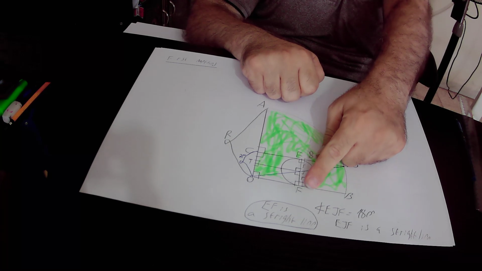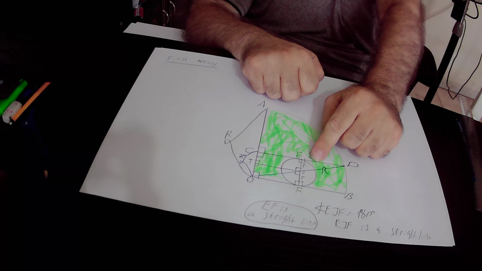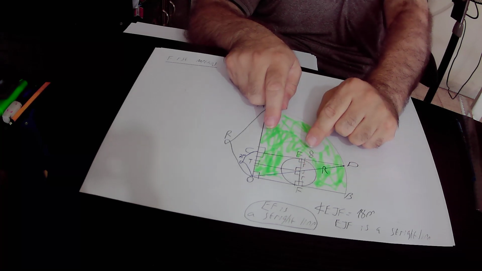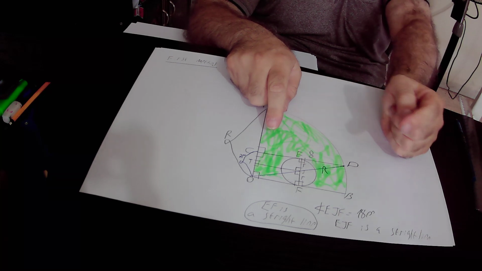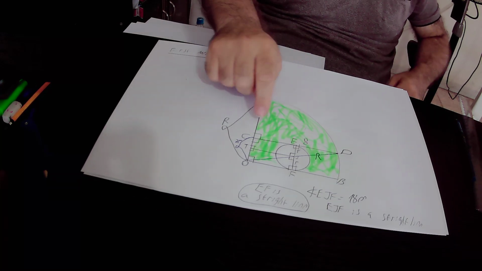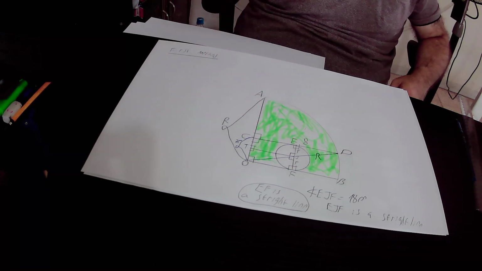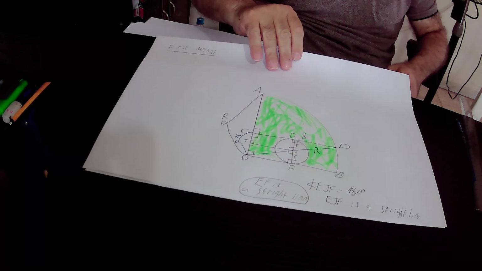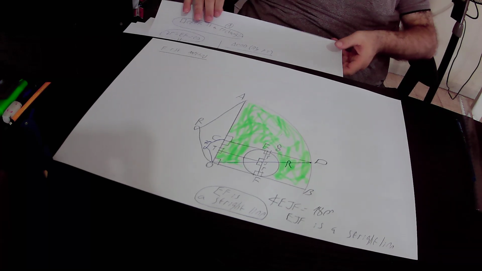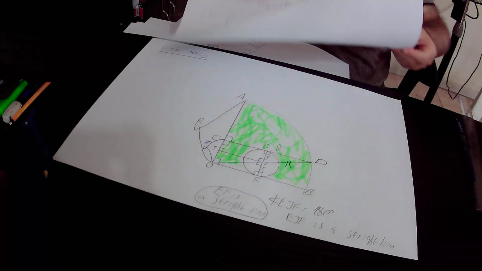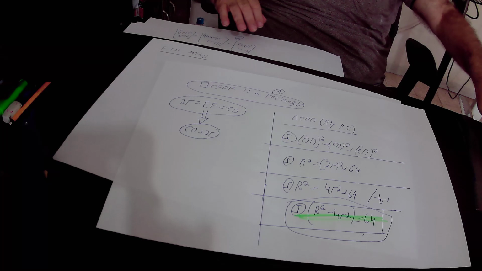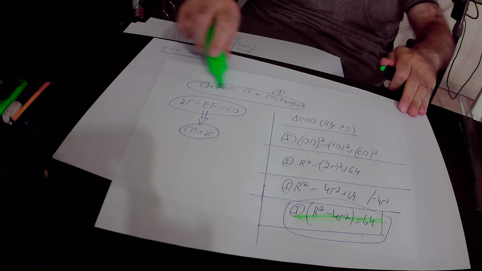So if EF is a straight line, it means that quadrilateral CEOF, this quadrilateral that has four right angles, is a rectangle. Why? Because it has 4 right angles.